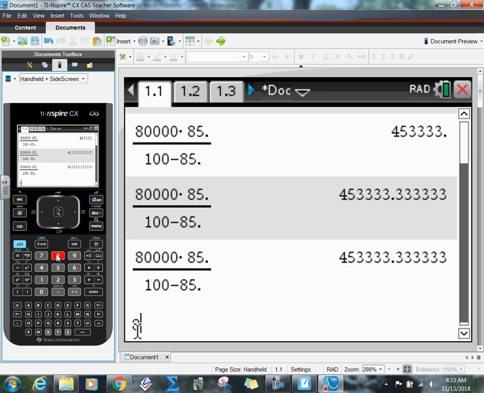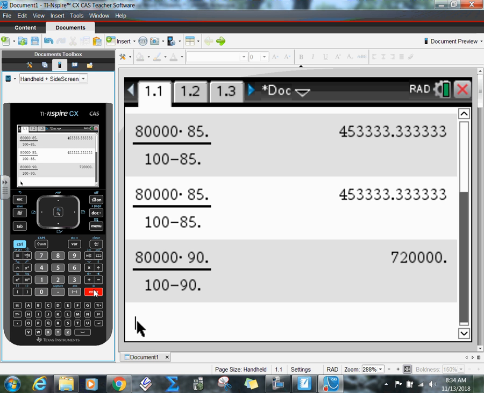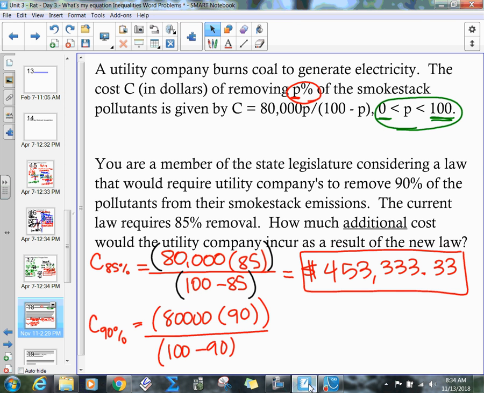So 80,000 times 90, and we'll put a decimal place after that, divided by 100 minus 90, and again, I'm going to make that a decimal, and I'm getting $720,000.